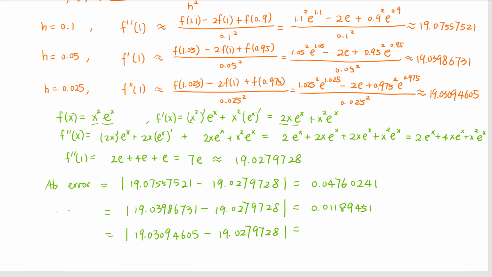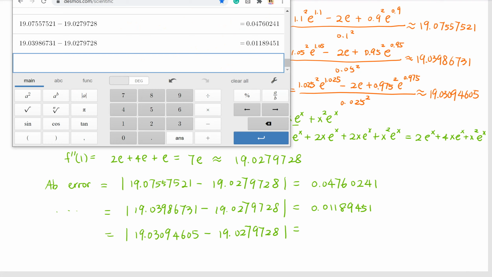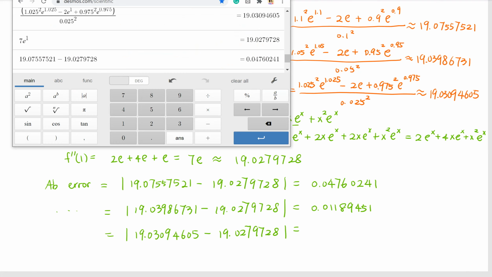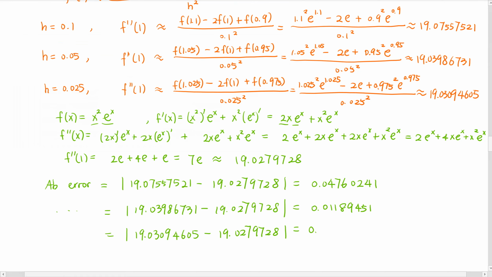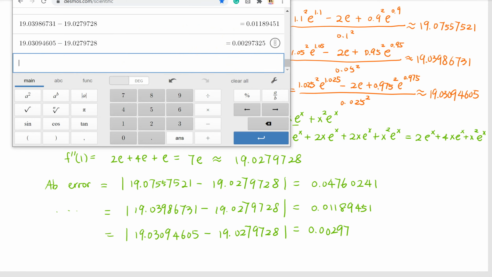Okay. And the last one. Let's go up again. 19.0309. Okay, this number. And then 0.00297 325.